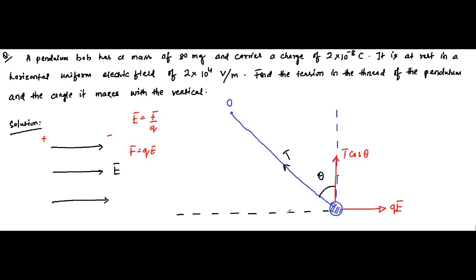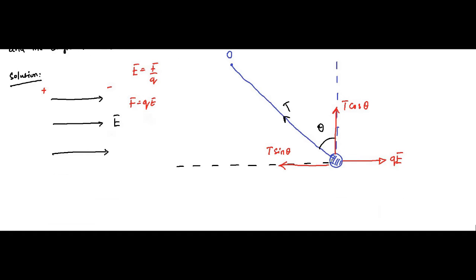And this is the horizontal component, T sin theta. Then another force acting on the pendulum is the downward force of gravity, mg, where m is the mass of the pendulum. So these are the forces acting on the pendulum in this position.